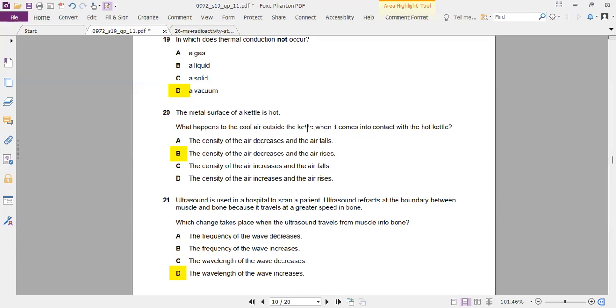When the cool air gets in touch with the cathode, the density of air decreases because it expands by touching the hot surface. Its volume increases, density decreases, and the less dense air rises up.